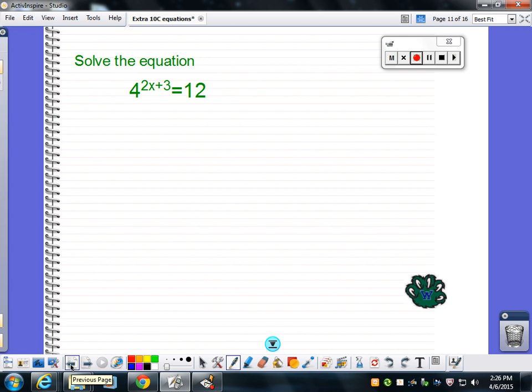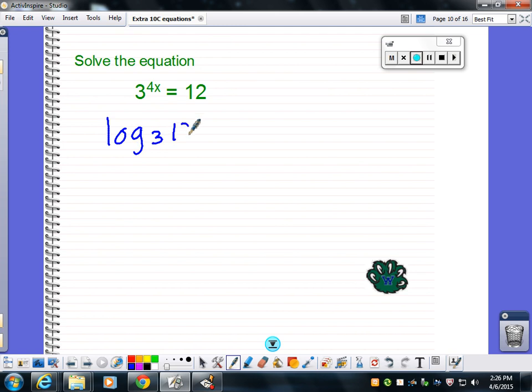All right, so let's change the form. So we're going to make this log base 3 of 12 is equal to 4x. Well, this is an easy one. We need to solve for x, so all I'm going to do is divide by 4. So x is equal to log base 3 of 12 over 4.